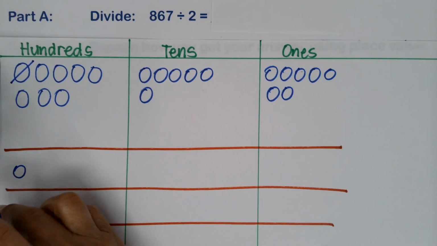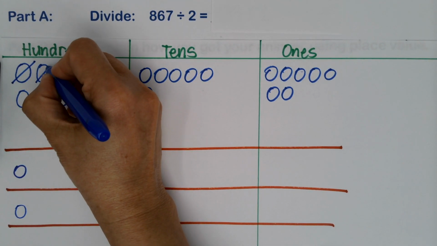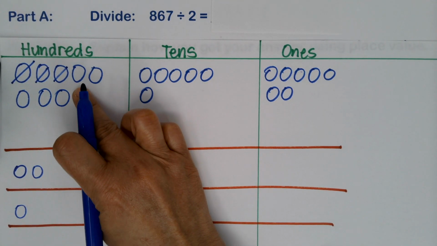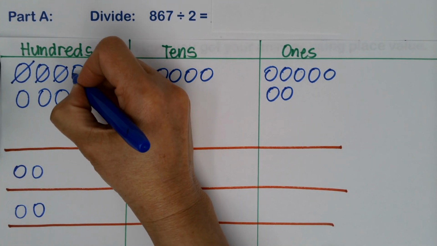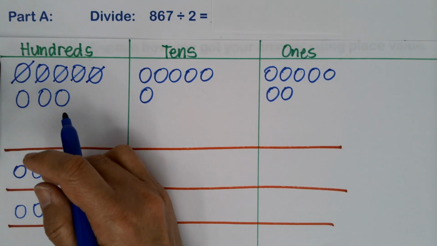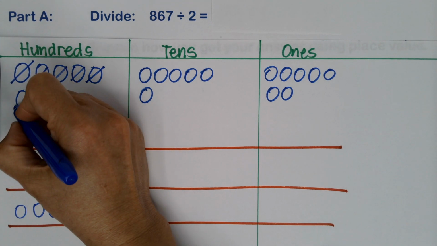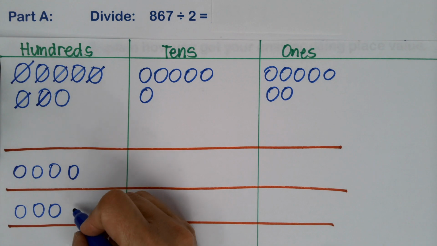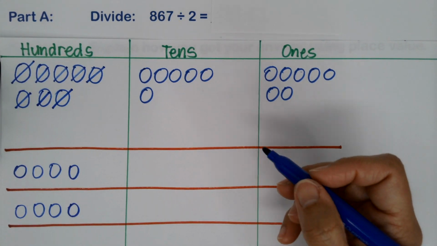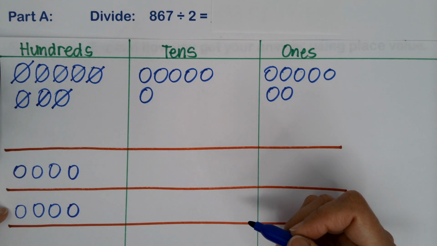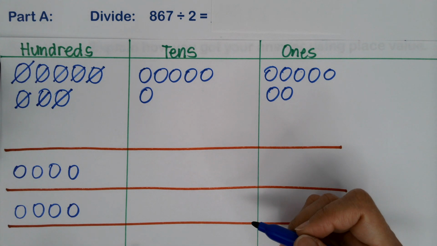Then the second circle goes to the second group, and we cross that out. Then the next circle goes here, cross that out. This circle goes here, then cross that out. This circle goes here, and cross that out, and so on until all are crossed out. So we see that we have 4 circles in each group. So therefore we have 400s in each group.